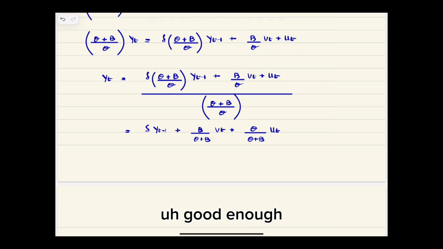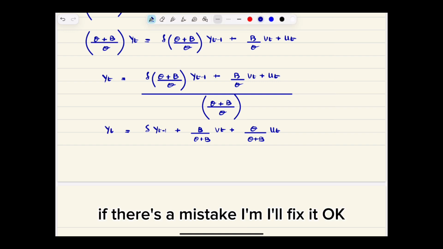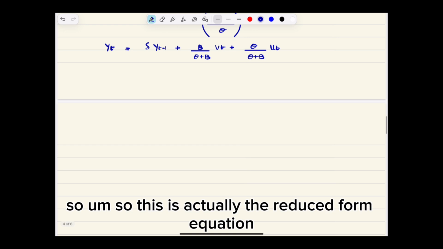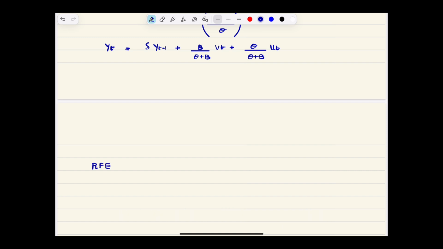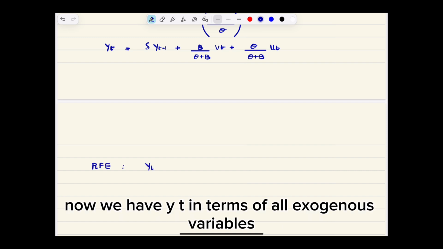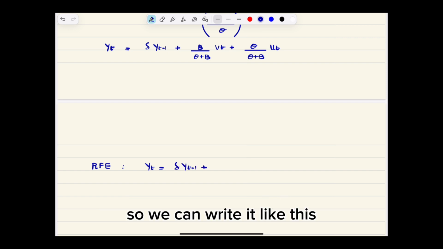Okay, good enough. If there's a mistake, I'll fix it. Okay, so this is actually the reduced form equation. So the reduced form equation, now we have y_t in terms of all exogenous variables. So we can write it like this.